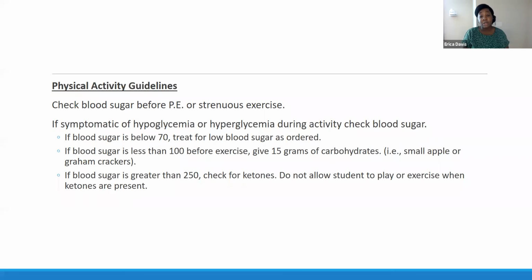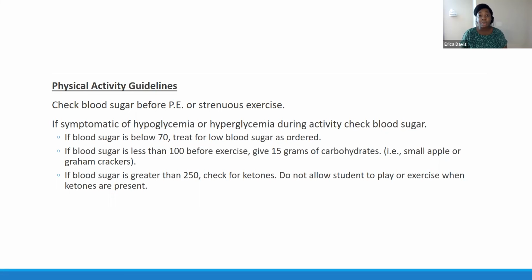So that's just one time in which you don't necessarily need to do another finger stick, if that child has just eaten and we know that their blood sugar was a certain number prior to that meal and they're about to exercise.